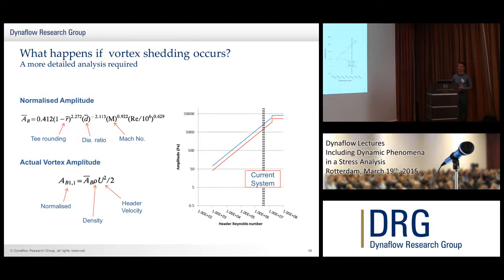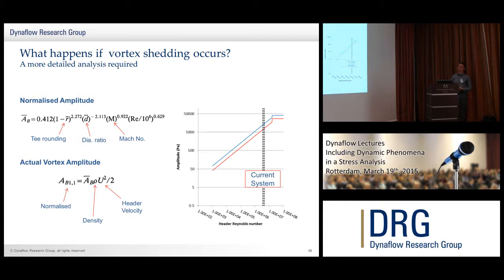What is shown in the method is how to calculate the normalized amplitude for a given frequency and for a given mode. This is the calculation for the first mode. If we go to the second and third mode, there will be a reduction.